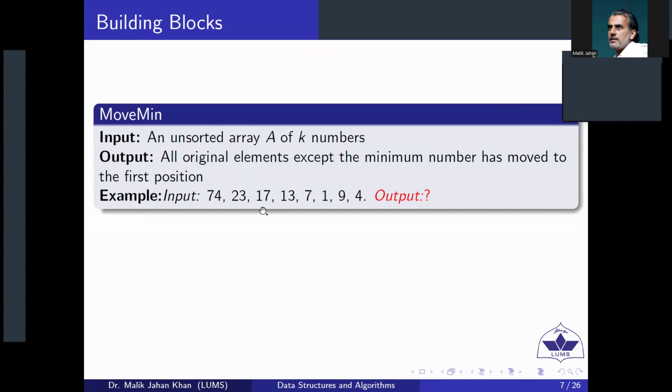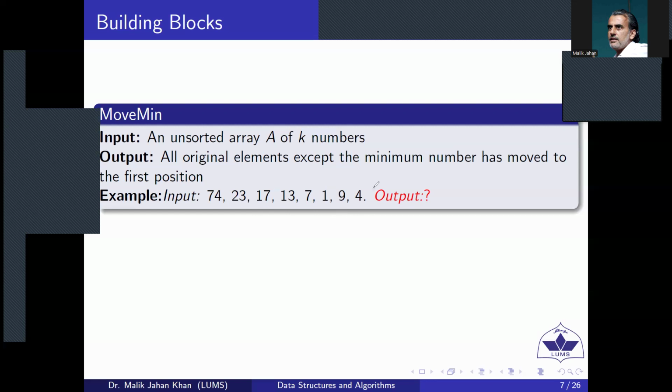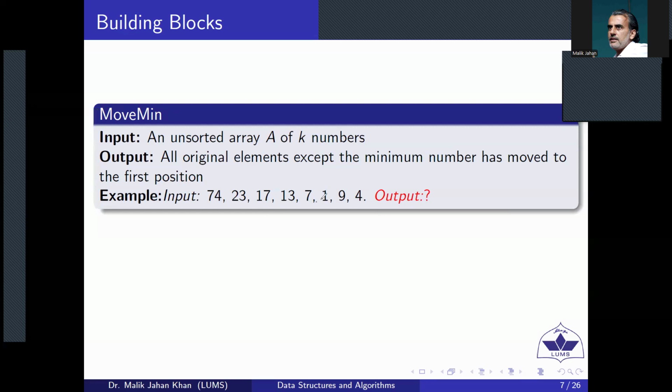So for example, if this input has been given to us, then it will scan the whole array. It will find the smallest element. So in this example, the smallest element is 1. So 1 will be moved over here in place of 74, and 74 will go in place of 1. So all original data has to be preserved somehow, but the major change is that the smallest element has to go to the first position without losing any data.